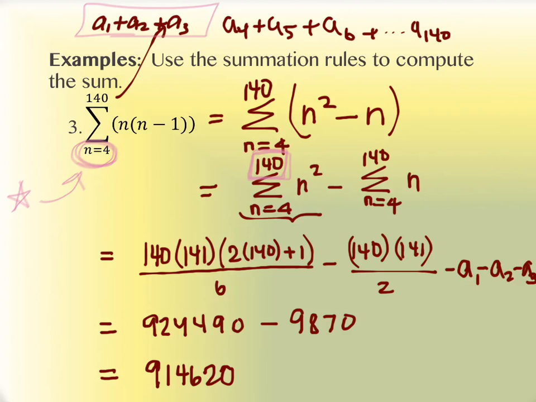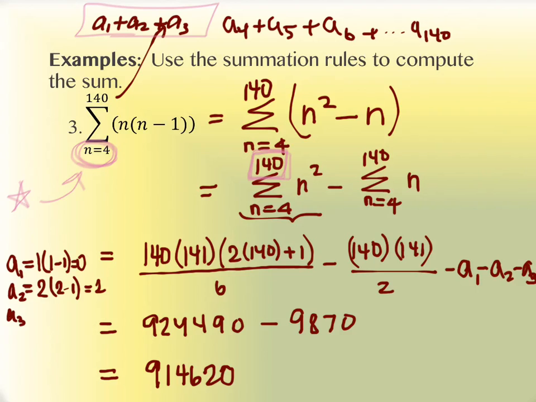So if I put in the number 1, I'll do this over here on the side so that I've got enough space. A1 would be 1 times 1 minus 1, which would be 0. So A1 is 0, so that doesn't actually affect anything. A2 would be 2 times 2 minus 1, which would be 2.